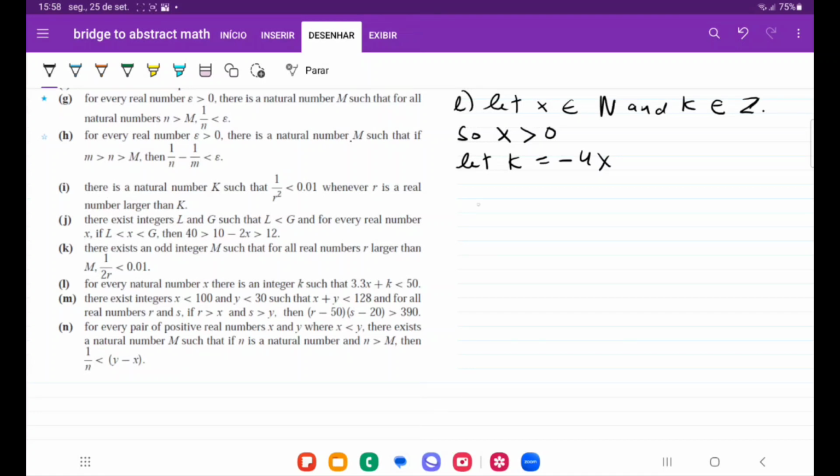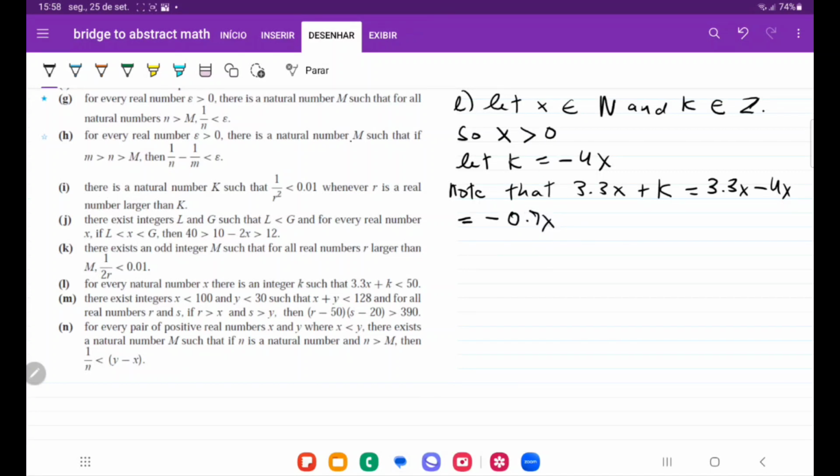Then we're going to do, note that 3.3x plus k will be equal to 3.3x minus 4x, which is going to be equal to negative 0.7x.